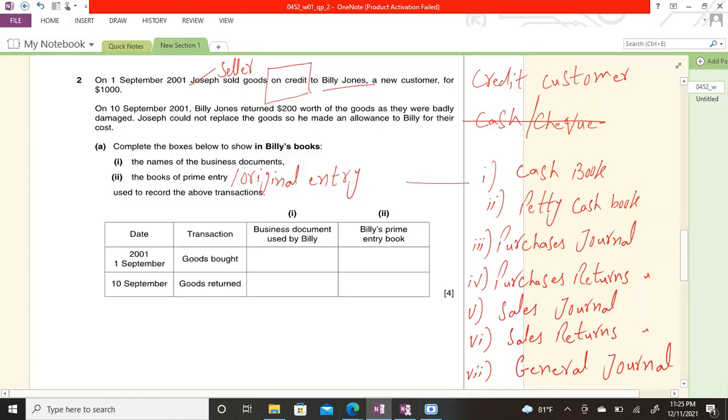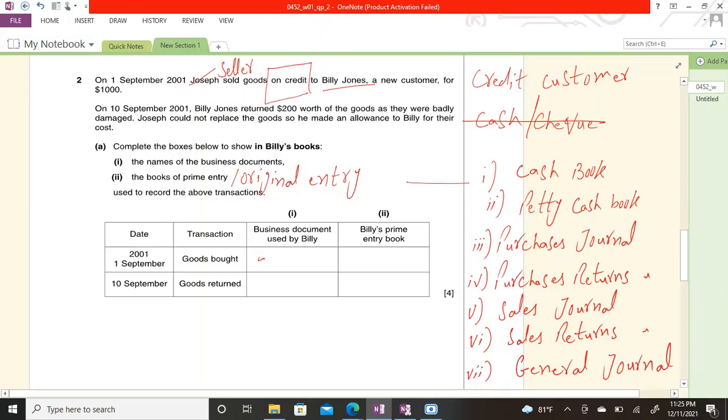So in the first one, 1st September 2001, goods bought. So Billy bought the goods. When he bought the goods, the document which he received from the seller was an invoice. There are six business documents.